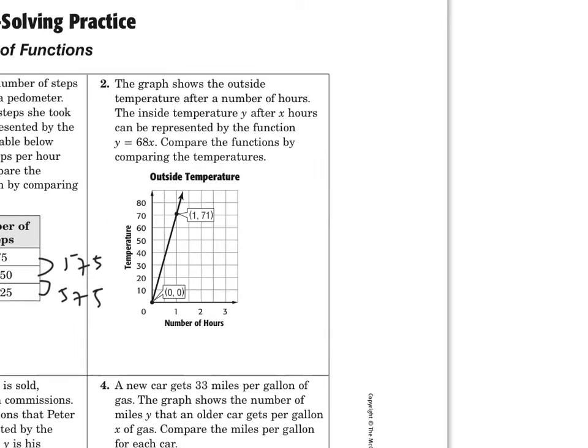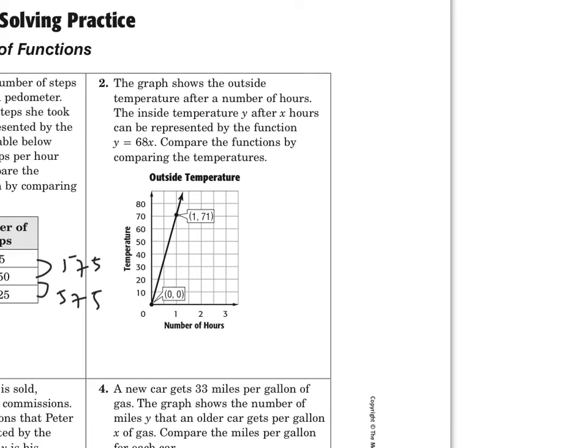Let's look at problem number 2. It says the graph shows the outside temperature after a number of hours, and the inside temperature after x hours can be represented by the function. So they're giving us 2 sets of data. The inside temperature is 68x, and we need to look at the outside temperature.